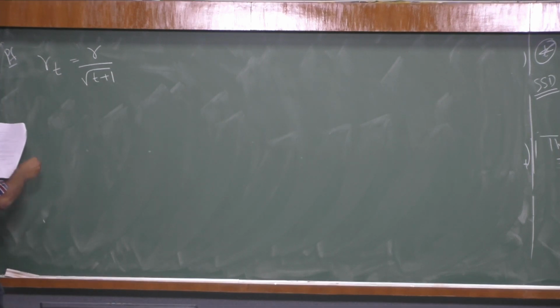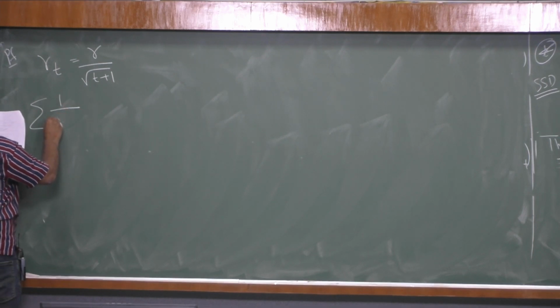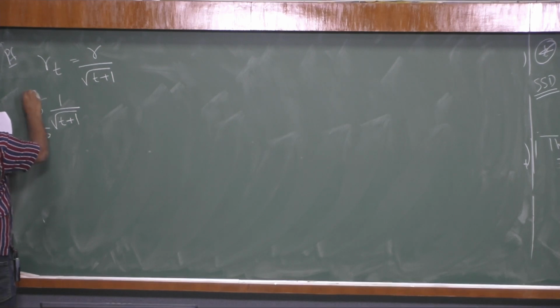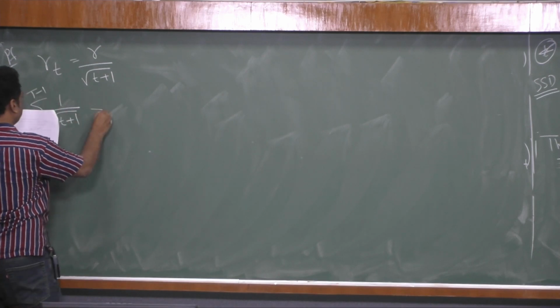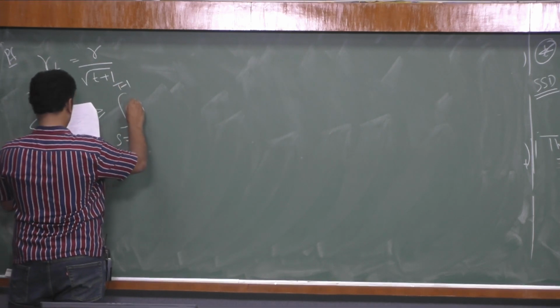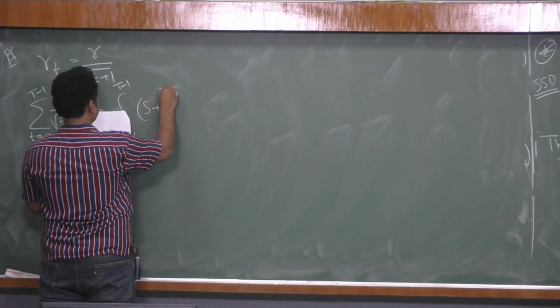The integral bound that we are going to use is as follows: the sum of 1 by square root of t plus 1, for t equals 0 to t minus 1, is greater than or equal to the sum over s equals 1 to t minus 1 of s plus 1 to the power minus half.